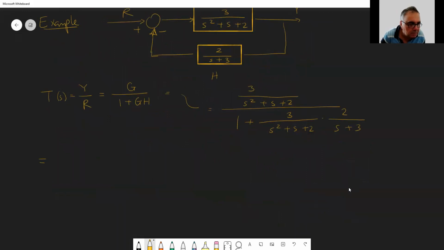So we equate the numerators and denominators, and what we get will be the following.